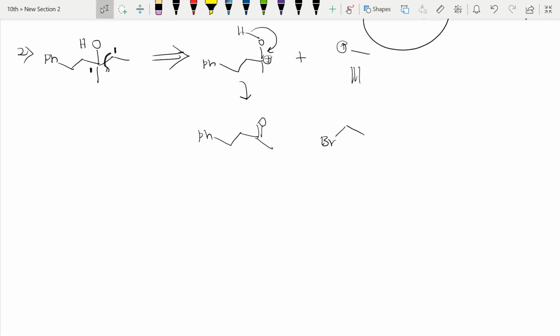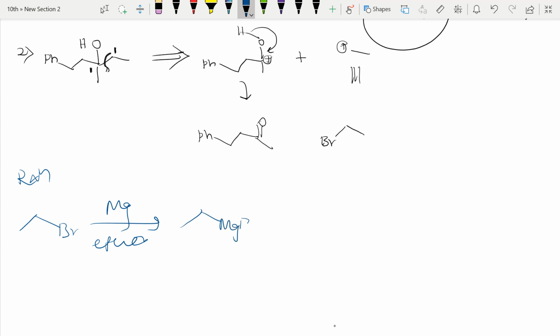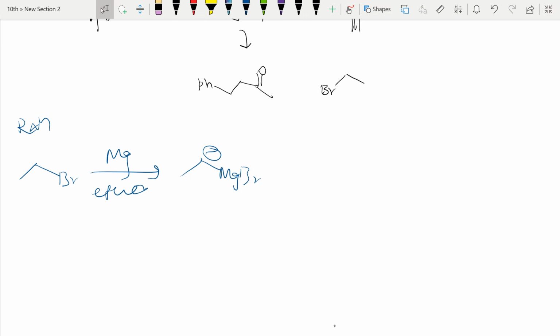To write the reaction, I can simply take those things as starting material. So I will take CH3CH2Br and add magnesium in the presence of ether. So I will get the Grignard reagent, and this carbon gets a negative charge, right? Further, I will add that ketone.